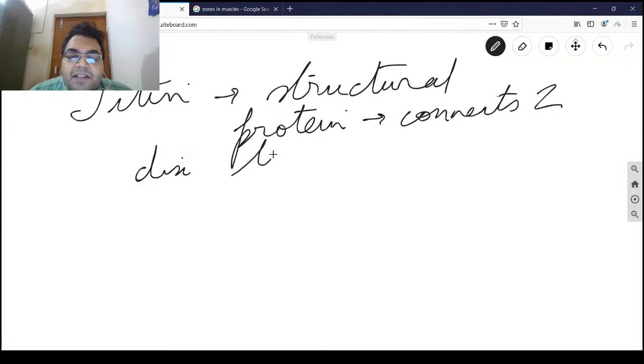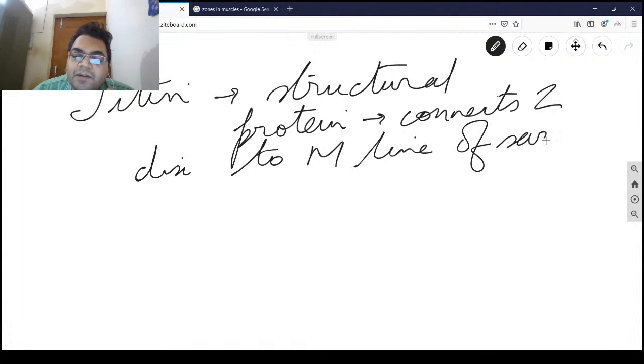What it does is help stabilize the position of the thick filament itself, and it can stretch and then spring back undistorted. Thus it accounts for much of the elasticity and extensibility of the myofilaments.